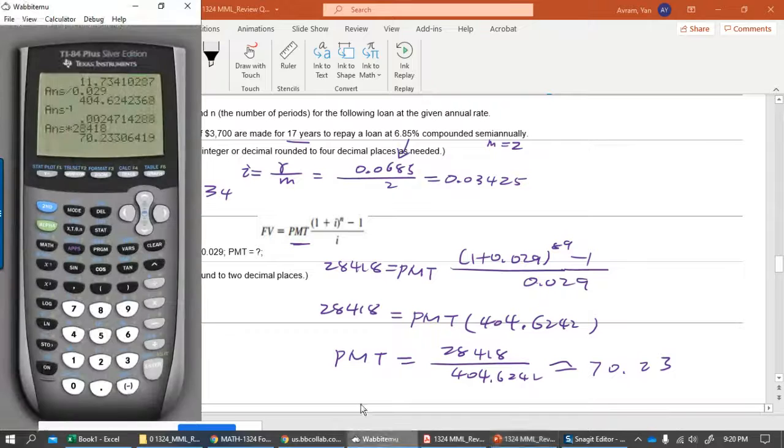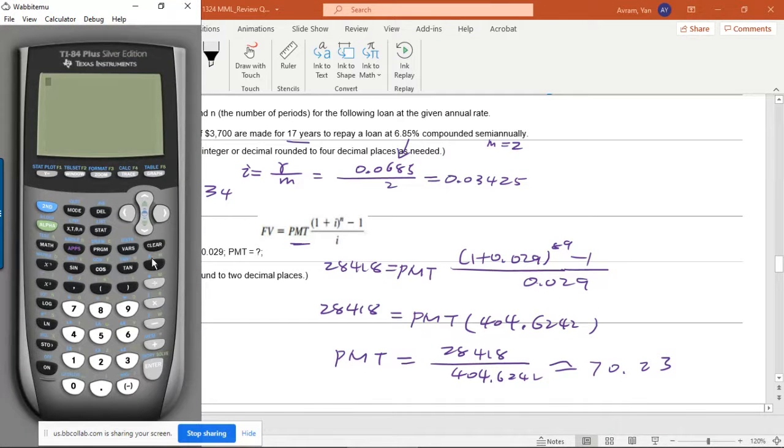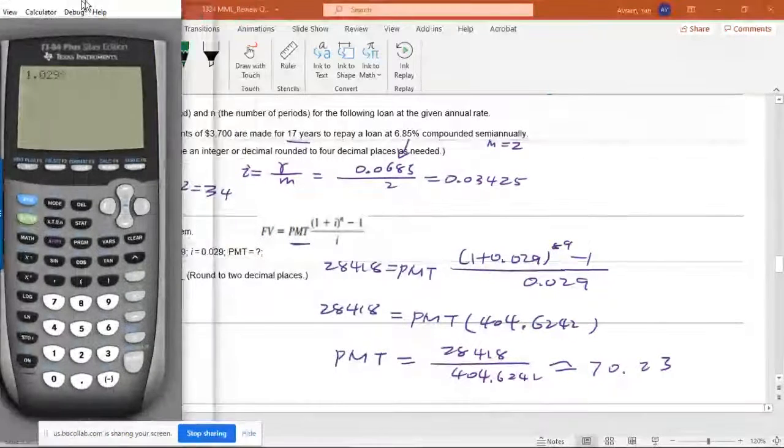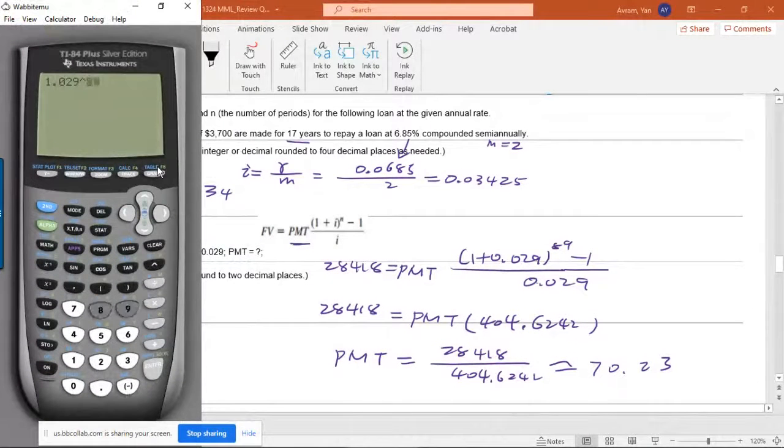My answer is a little bit different, so let's double check. So we have 1.029 to the power of n, which here is 89, minus 1, divided by 0.029. 404.62.